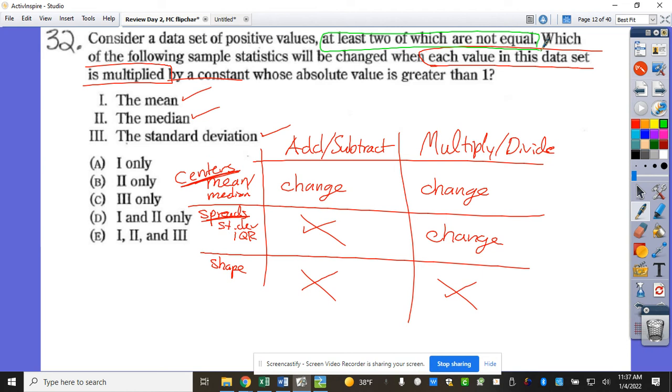Because if they're all the same, the standard deviation would be 0, and 0 times anything is 0. Even if I multiplied them all by something, they'd all still be the same, so standard deviation would still be 0, which is why that's in there. And then this is also talking about something that can happen with the way it changes. But so what's our answer here? E.